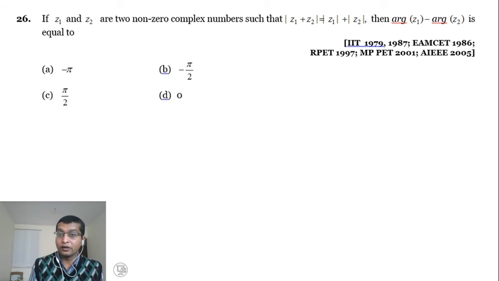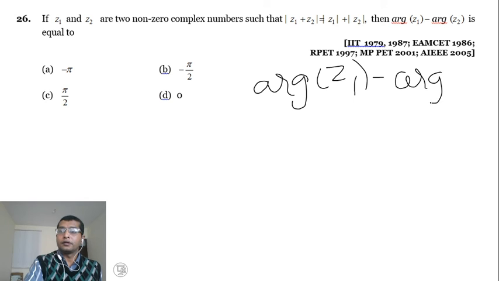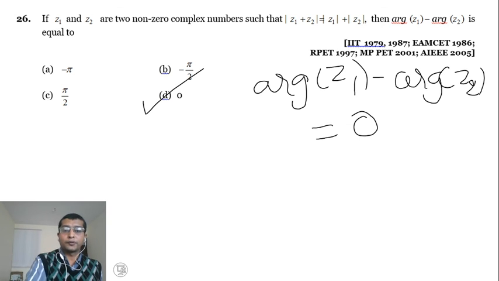This answer is obvious, it is a property of complex numbers. Therefore, argument of Z1 minus argument of Z2 is equal to 0. Therefore option D is the right answer.